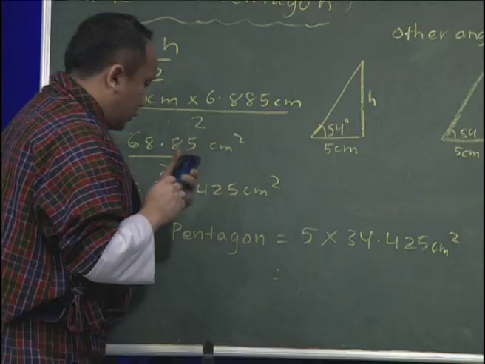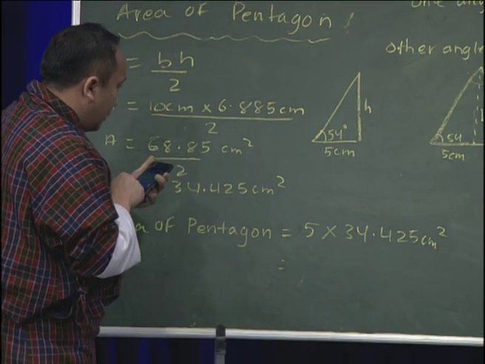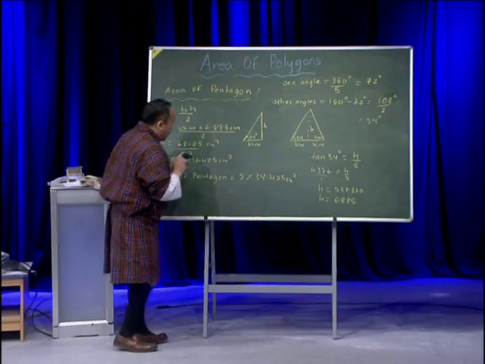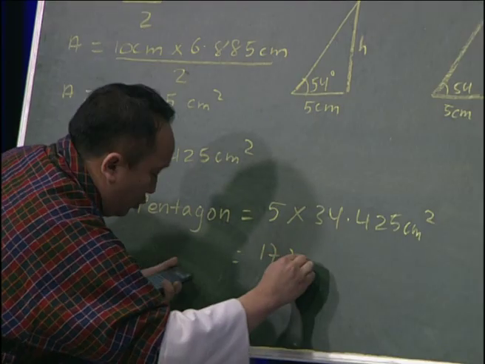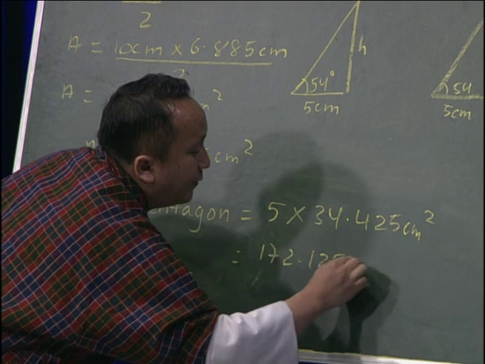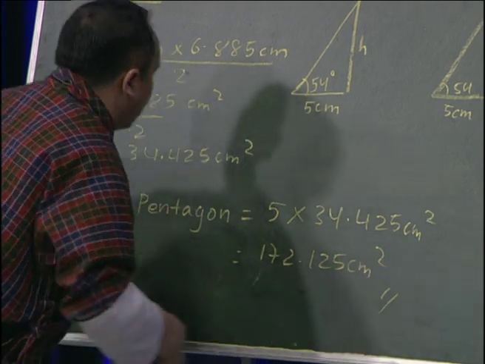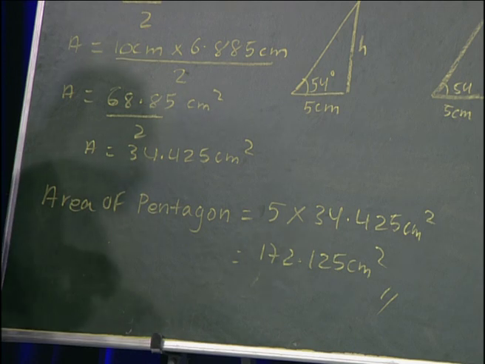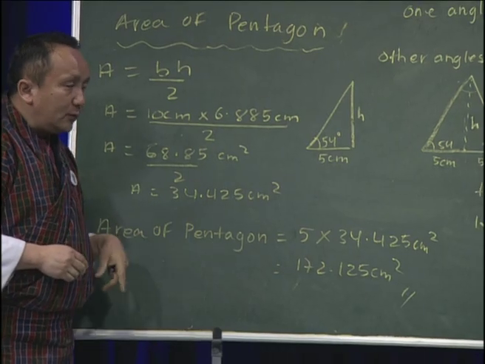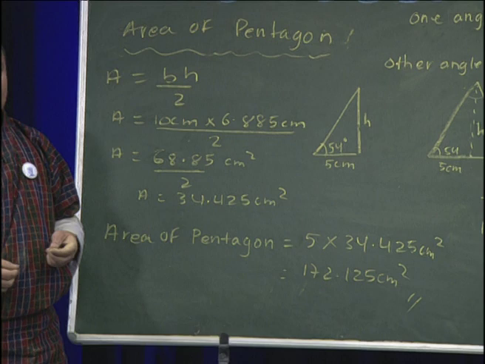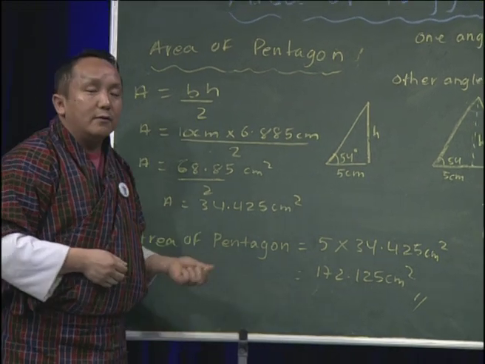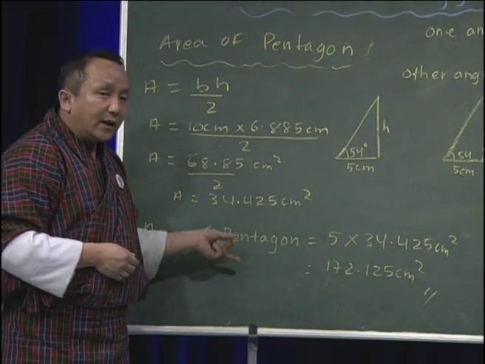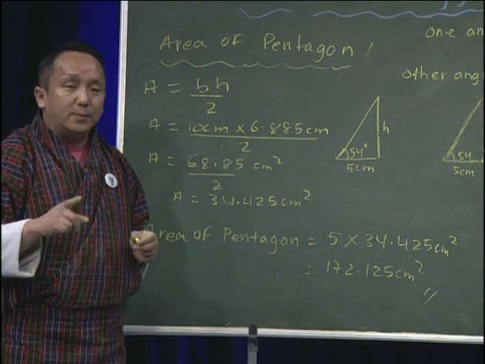When I multiply this by 5, I get 172.125 centimeters square, and this is the area of the regular pentagon when the side of the pentagon is 10 centimeter. That is how we find the area of a pentagon, by finding the area of one of the triangles and multiplying by 5.